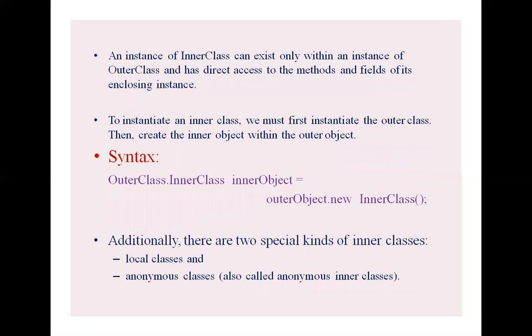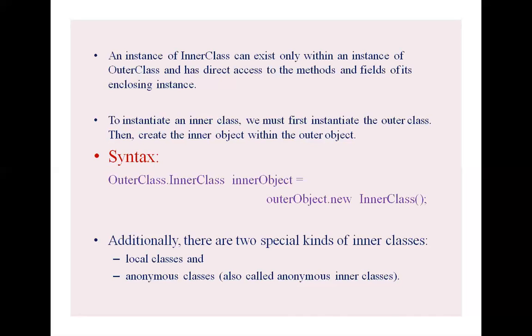An instance of an inner class can exist only within an instance of the outer class and has direct access to the methods and fields of its enclosing instance. To instantiate an inner class, we must first instantiate the outer class, then create the inner object within the outer object.